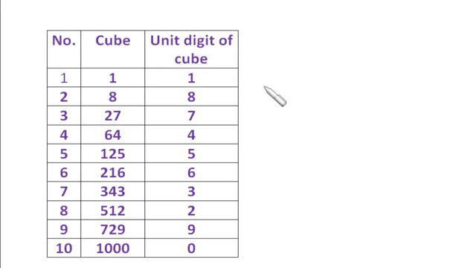The next number is 531441. In this number, the unit digit is 1 and the cube of 1 is also 1. So we'll have 1 at the units place of the cube root.